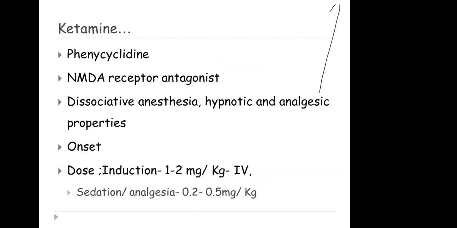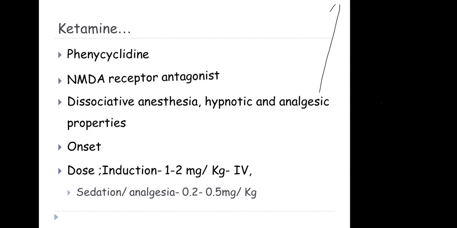The downside to it is it causes hallucinations, which is not really nice for the patient. It also has analgesic properties in addition to the sedative properties, and it can also be used on induction.